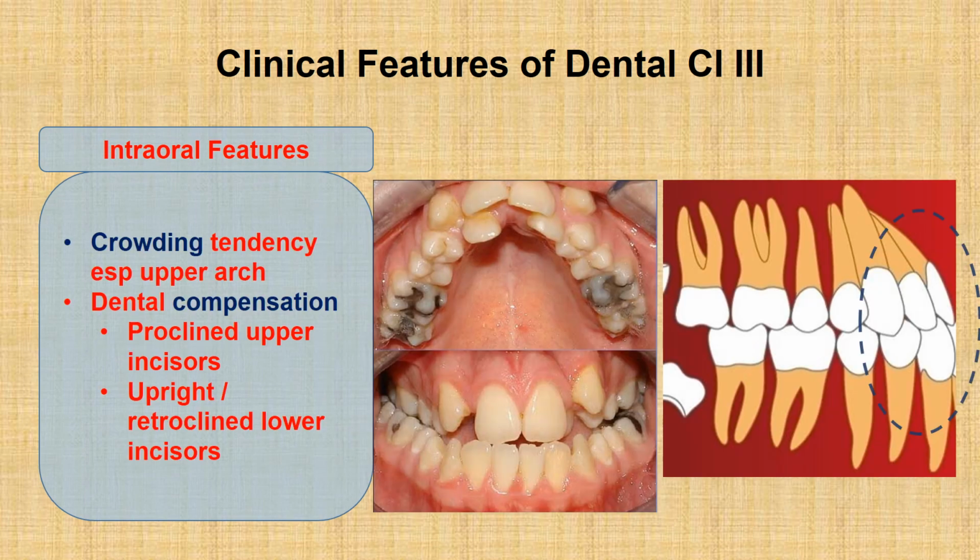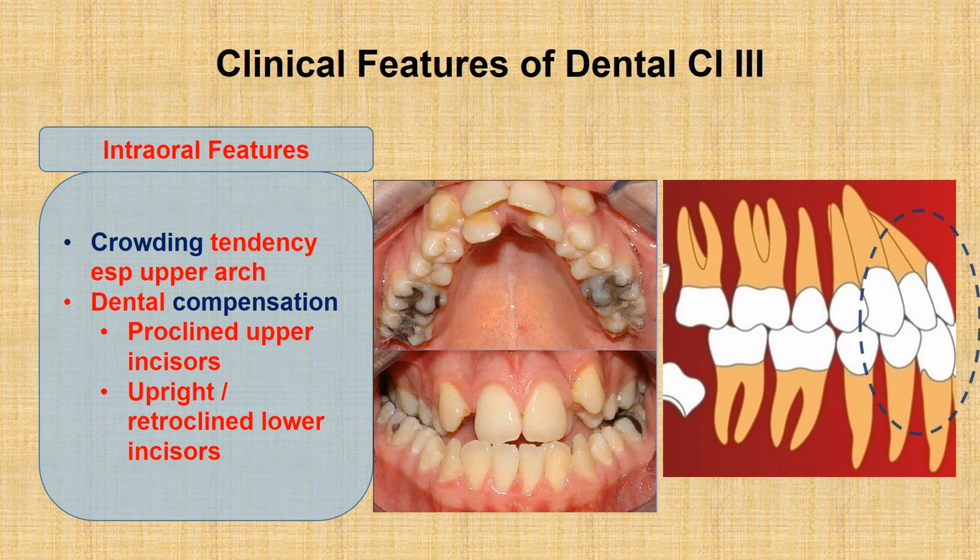Now, the intraoral features of a dental class 3: we tend to find crowding in the upper arch, because frequently in a class 3 malocclusion the upper jaw is small, thereby the dental arch is small and narrow and tends to give rise to crowding.